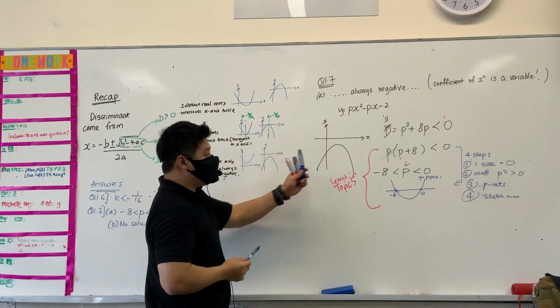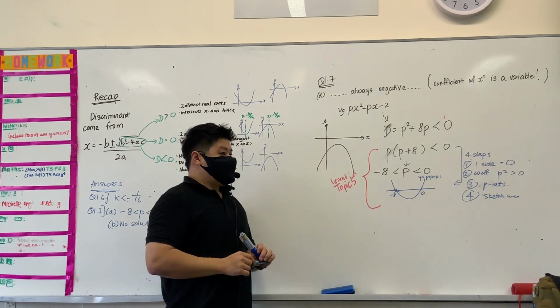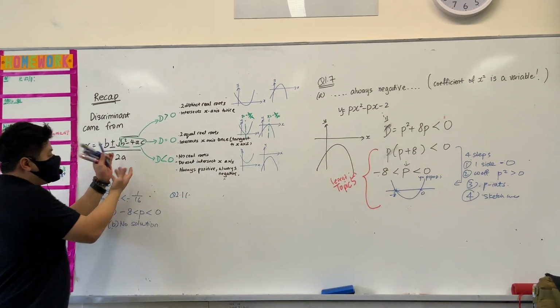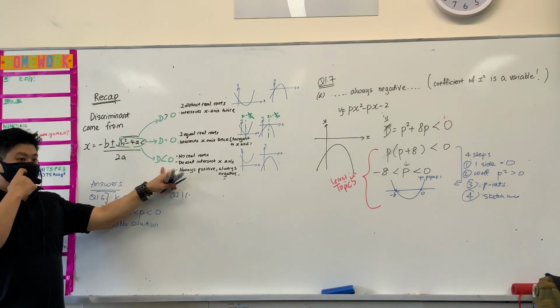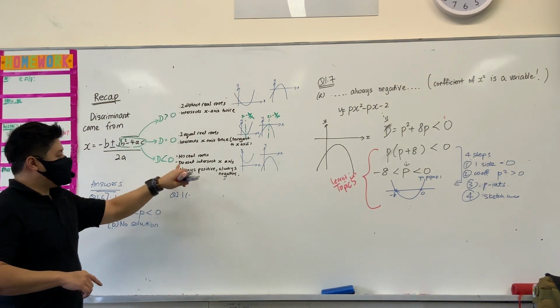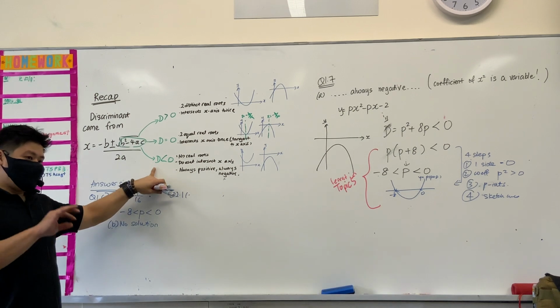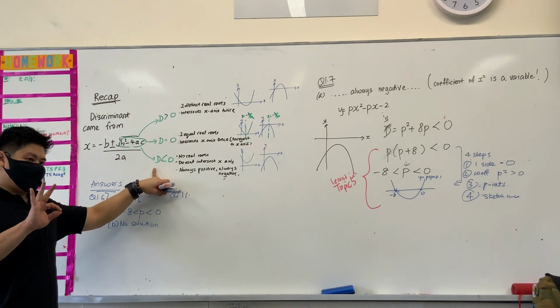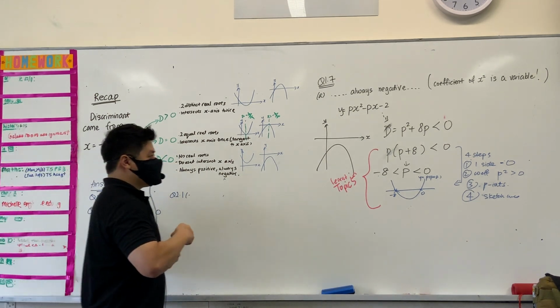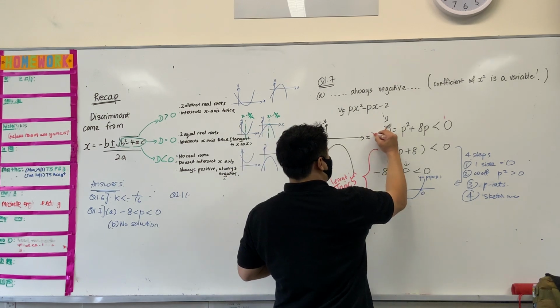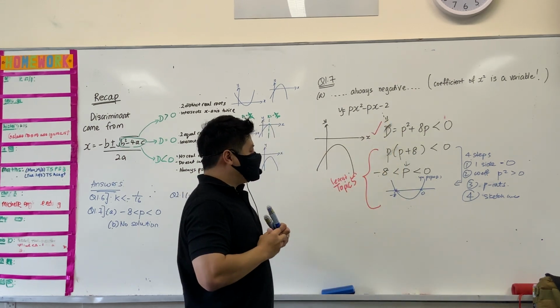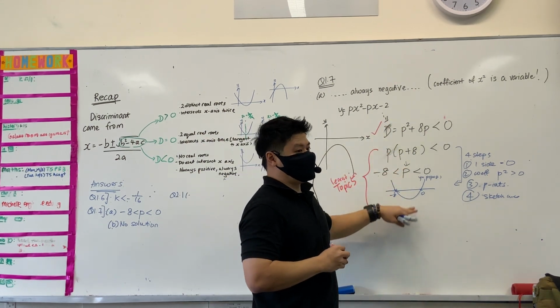That means there's no solution. So if it doesn't intersect the x-axis, can I say that my discriminant is less than 0? Very good. So this is my step 1. After that, this one onwards is all topic 5.